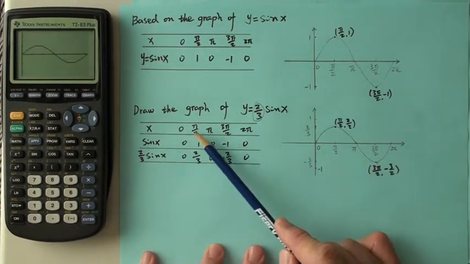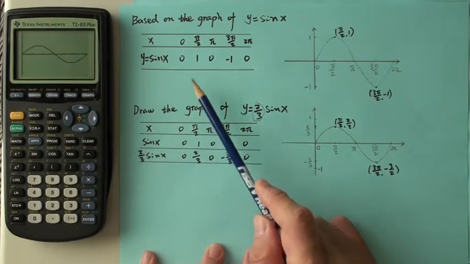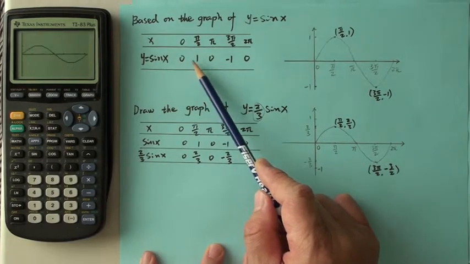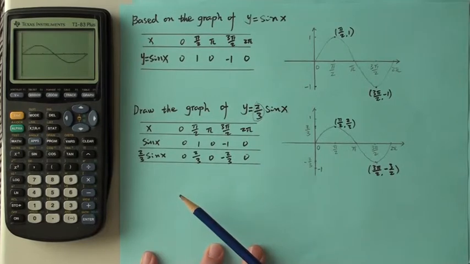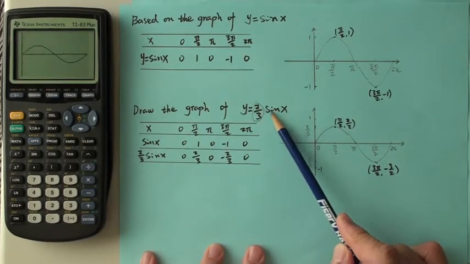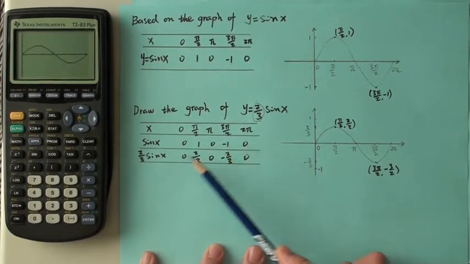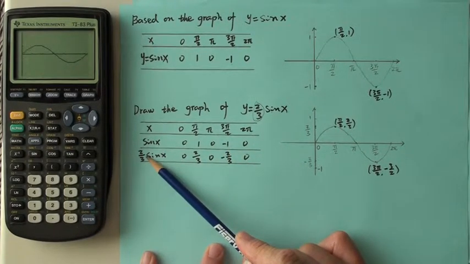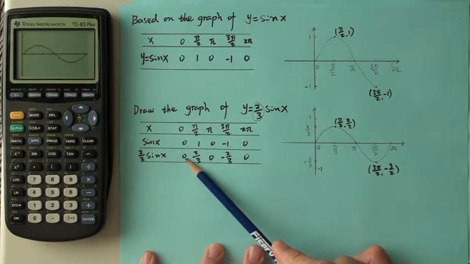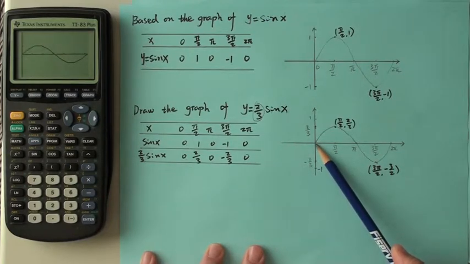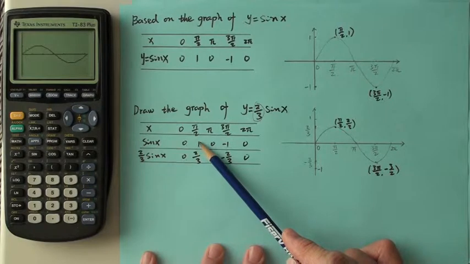When x are those 5 different values, you have sine x. Of course, then sine x will be 0, 1, 0, -1, 0. Okay? But 2/3 is in front of sine x. For each value you got for sine x, you need to times 2/3. 0 times 2/3 is 0, so the graph still starts from 0, 0. But the highest point is changed.